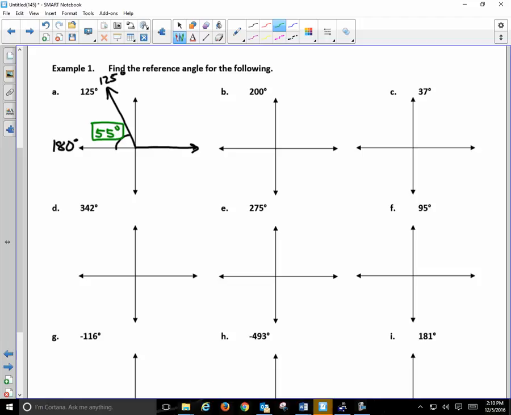Which quadrant would 200 be in? It'll be in the third quadrant. What is going to be that reference angle? 20 degrees.